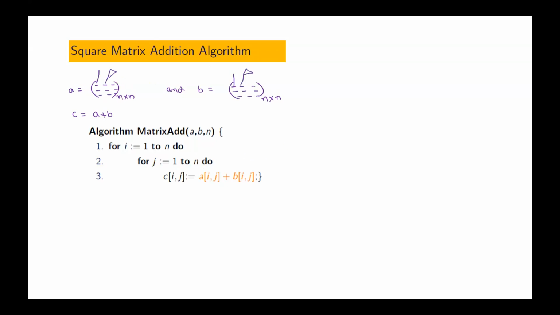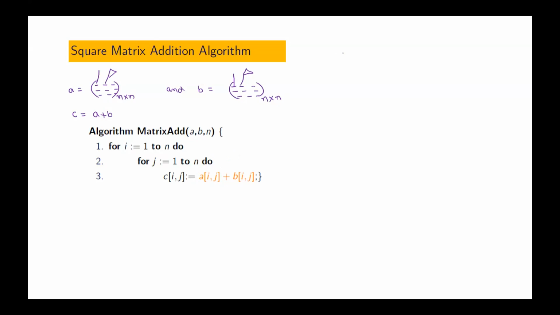Is there any doubt whether this algorithm correctly calculates the sum of two square matrices? Yes, okay. So our main intention here is to calculate the running time.